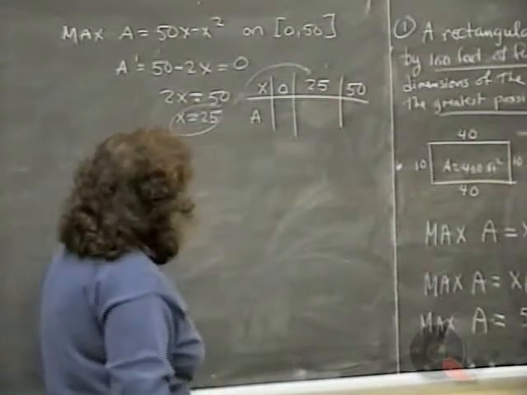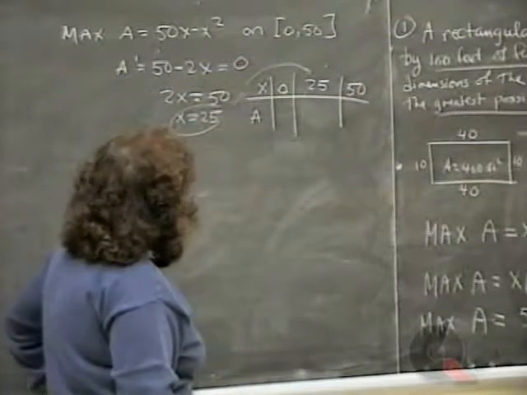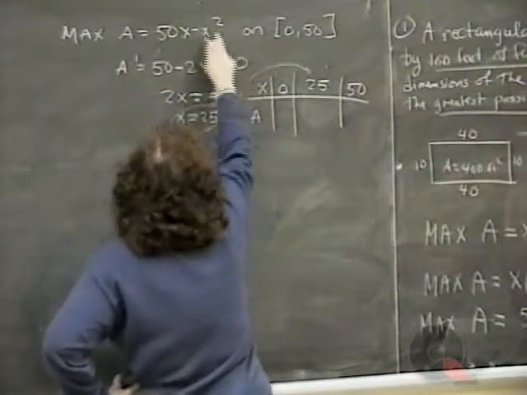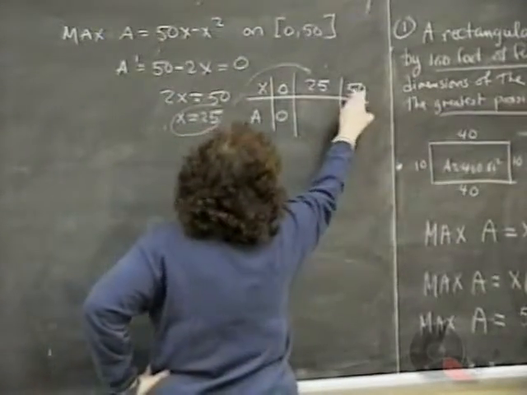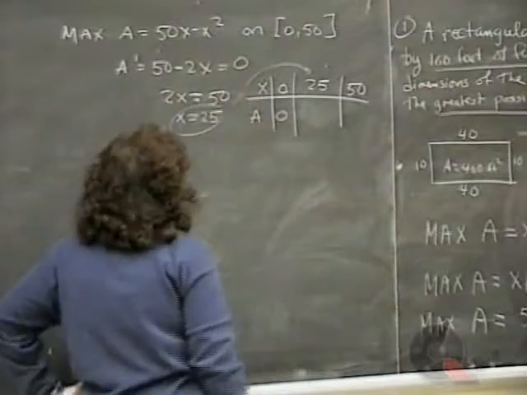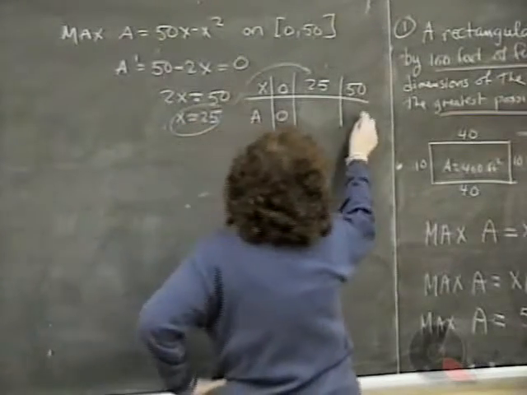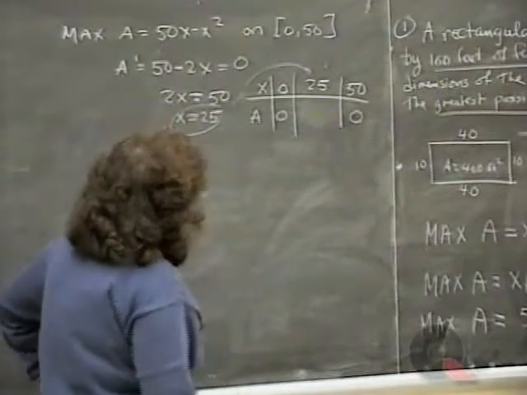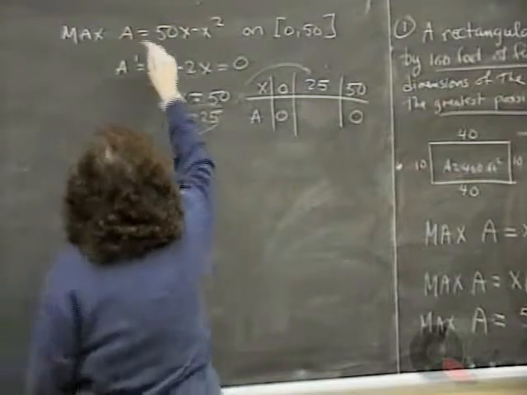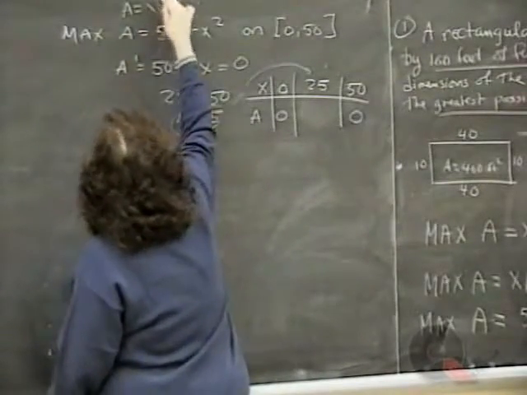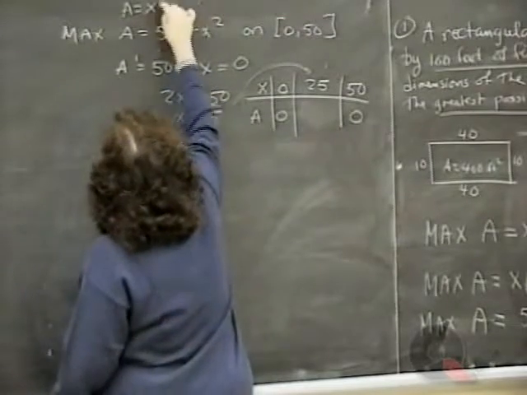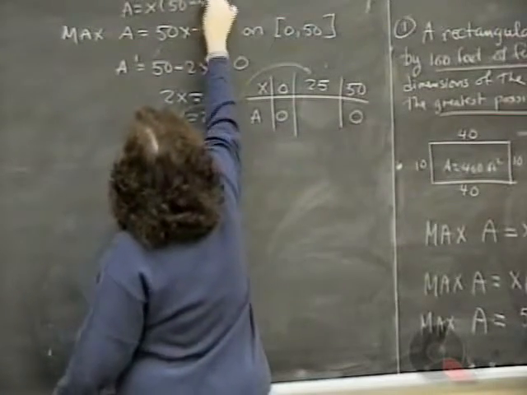And we figure out what A is in each of these cases. Of course, we already know if x is 0, A is 0. If x is 50, A would be 50 times 50 minus 50 squared, which would also be 0. If x is 25, remember the line before this was x times 50 minus x.